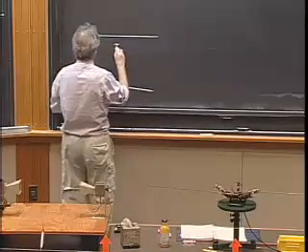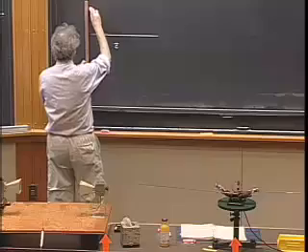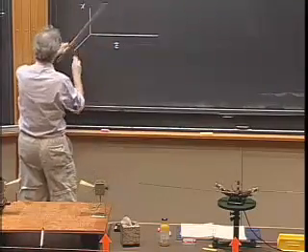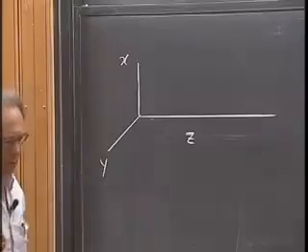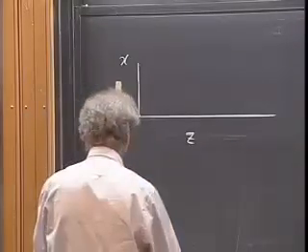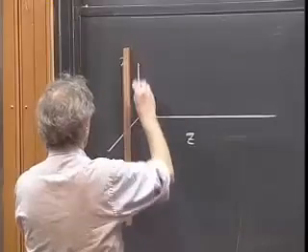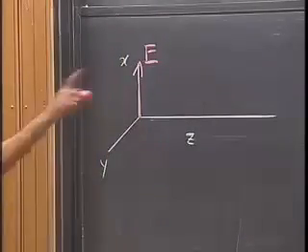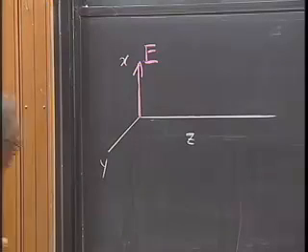This is my z direction. It's going to be a traveling wave. This is my x direction. And this is my y direction. I'm going to use linearly polarized radiation, so it only has an x component. And I'm going to make it move in the z direction.